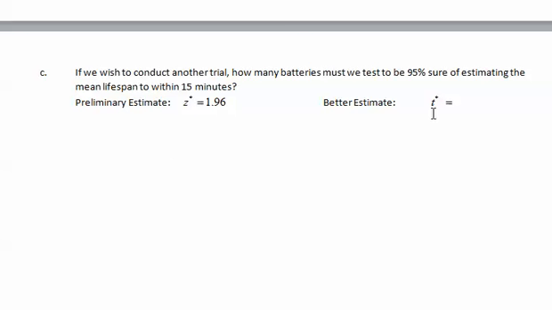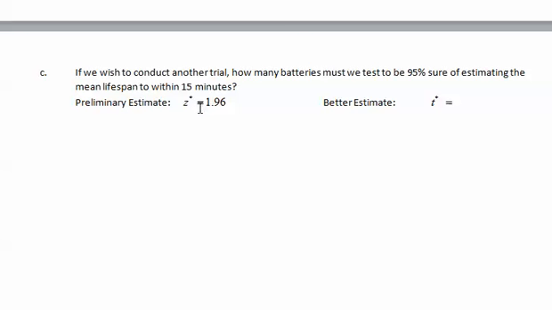We have a problem now with the t star because we need to figure out n, but we need t to figure out n, and then we need n to figure out t because t depends upon the degrees of freedom. So what we do is we start by doing z star, getting a good estimate of what n is, and then improving our estimate with the t value.